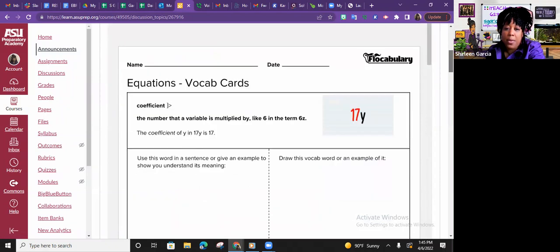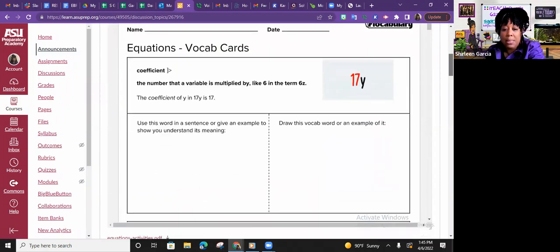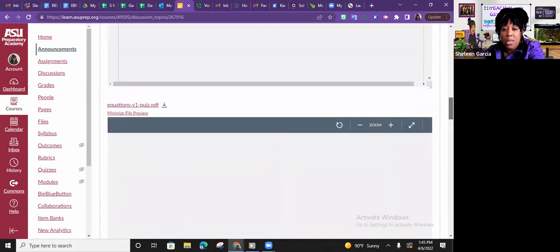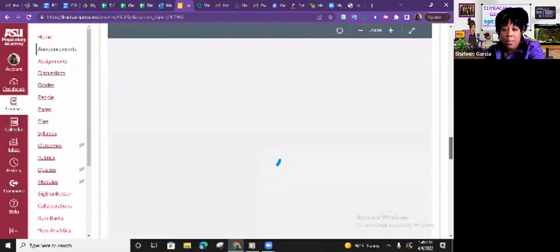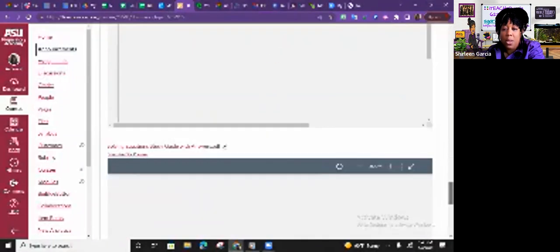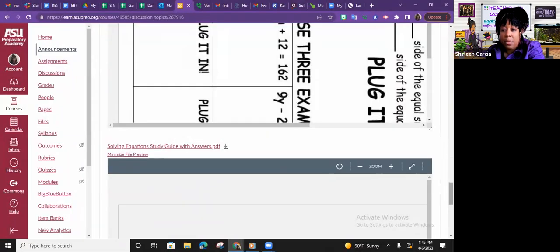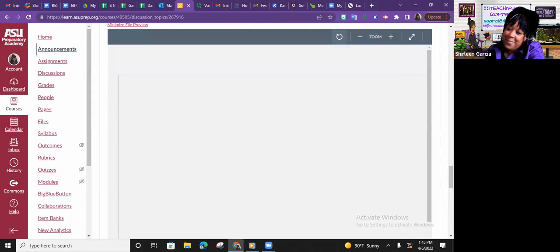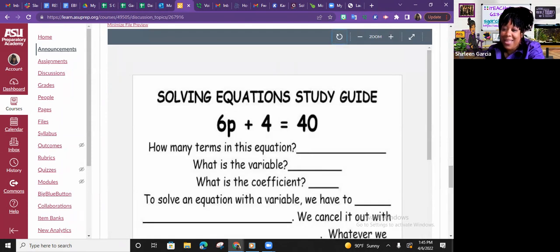So here's the vocabulary cards, and you can use these as study guides, okay? And then the sheet that we're about to work on, where you can practice solving equations, is also here. I don't know why it's hanging out on the side, but when you download it, you can rotate it to the right side, okay?